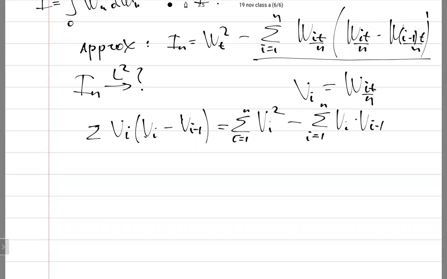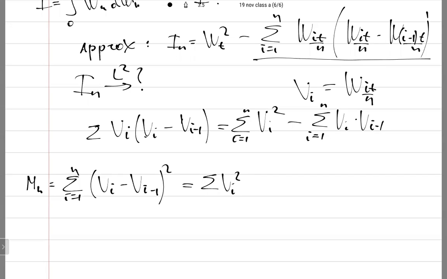The Mn is the sum of Vi minus Vi minus 1 squared. If I open the brackets, it will be the sum of Vi squared plus the sum of Vi minus 1 squared minus 2 times the sum of Vi times Vi minus 1, with i changing from 1 to n.